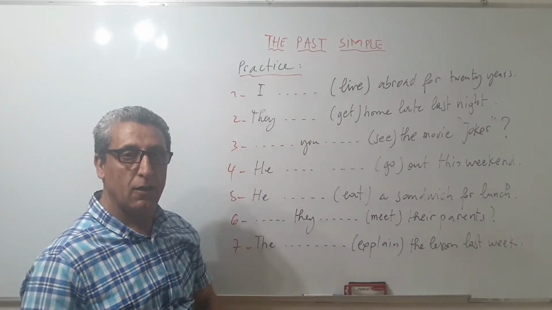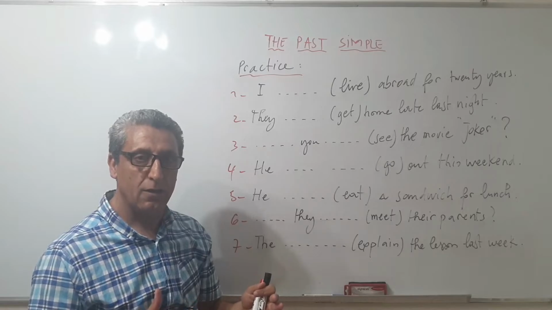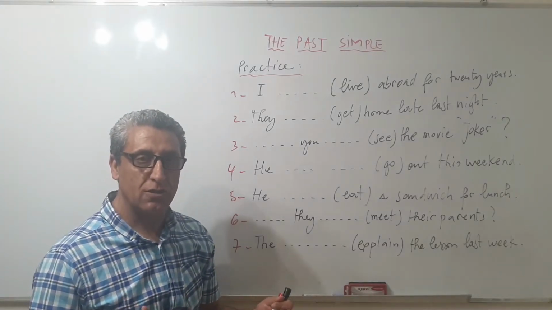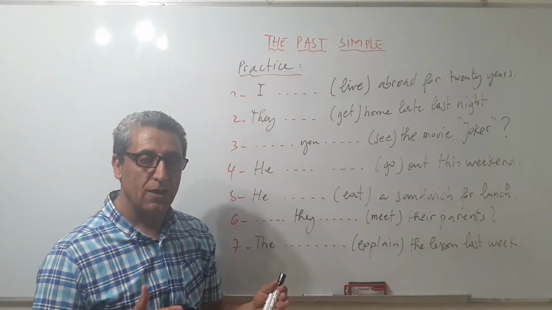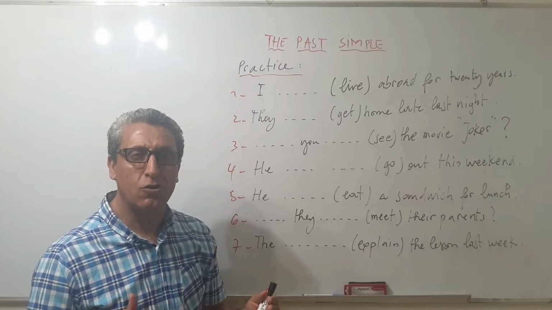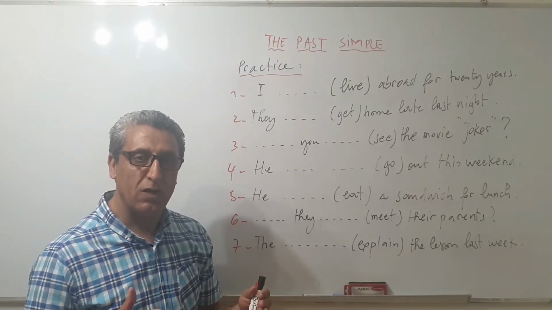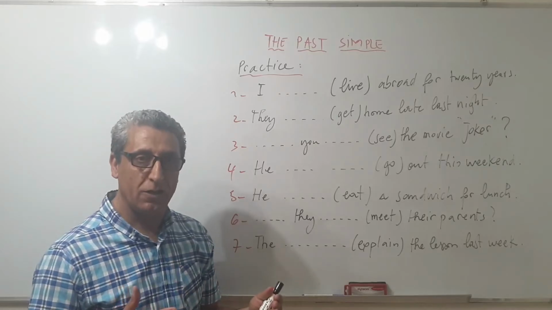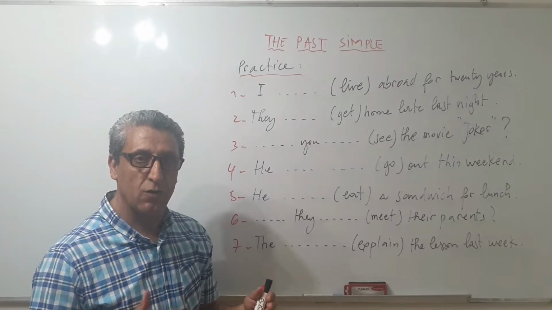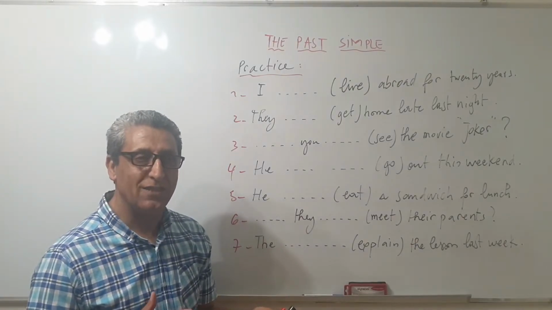By the way, irregular verbs, we can find them on the net, or in English books. There is a list of irregular verbs. Actually, I'm not very sure, but there are around 400 irregular verbs in the English language. But of course, we do not use all of them. The most common verbs used as irregular verbs are around 178.